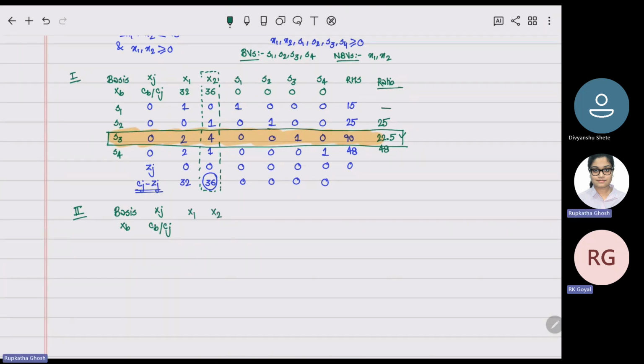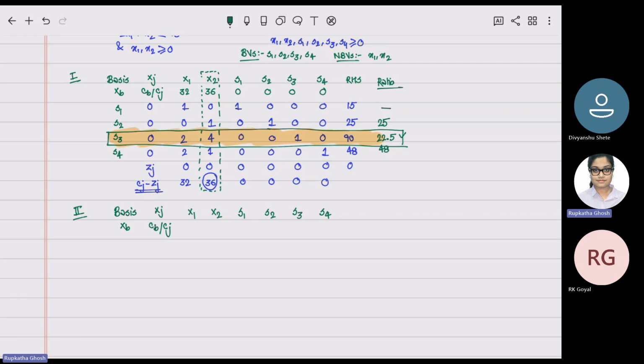Something I explained in the last class, why we are taking the minimum positive ratio. You explained this, but that was for the minimization problem and that was well understood. But somehow I could not understand, for the maximization one, why are we taking the maximum value?